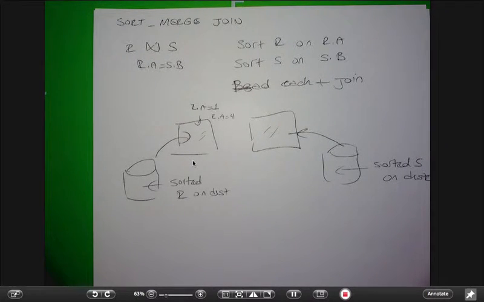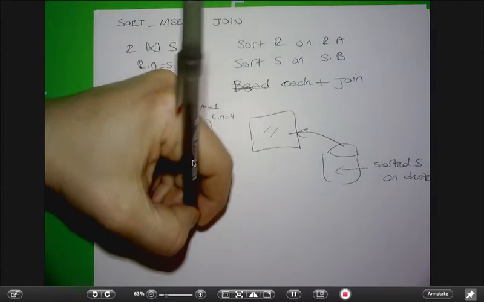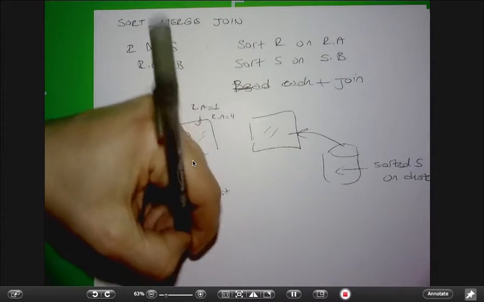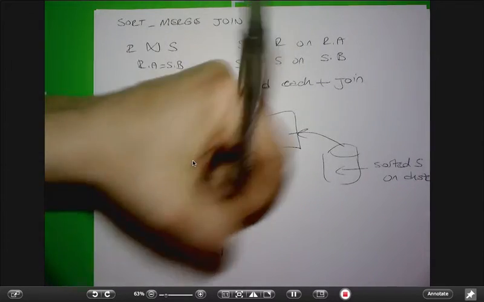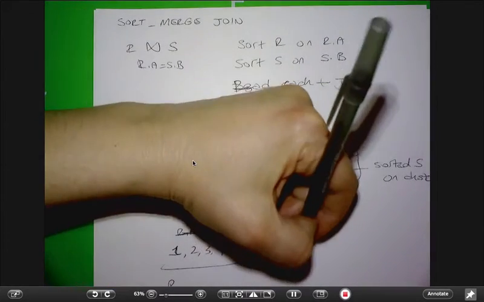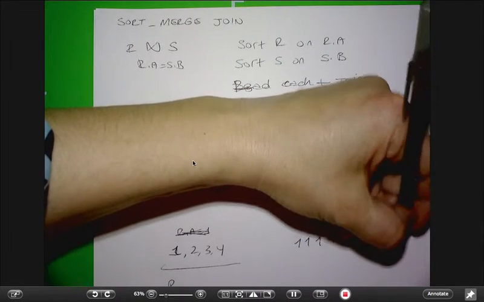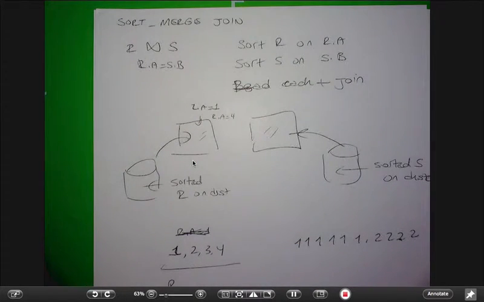So it could be that you have r.a equal to 1. So you have 1, 2, 3, 4 in R. But then you may have many ones and twos here, for example. So if you remember, when you do a join, that means you take this tuple and you produce a tuple for every single one value here.